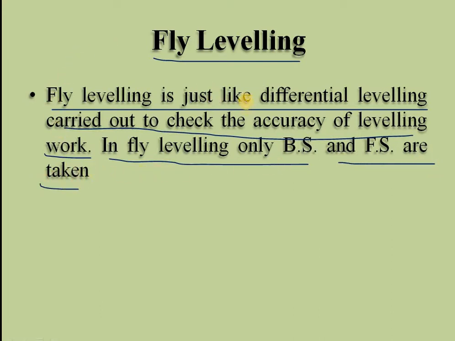Fly leveling is also known as differential leveling, and it is done to check the accuracy of leveling work. That means whether we are doing the correct leveling work or not, we have to check the accuracy. In order to check the accuracy we have to see the backsight and foresight which are taken.